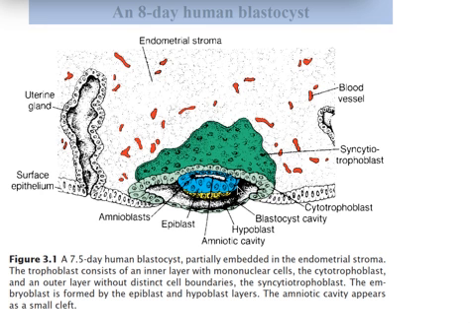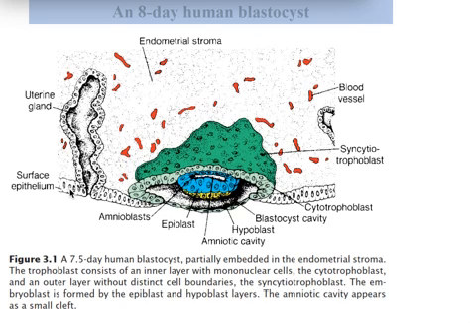In this figure, you see that it's the beginning of day 8. This is the human blastocyst, which is partially embedded in the endometrium. This is the surface of the endometrium, and usually the endometrium is lined or protected by one columnar layer of epithelial cells, the surface epithelium.